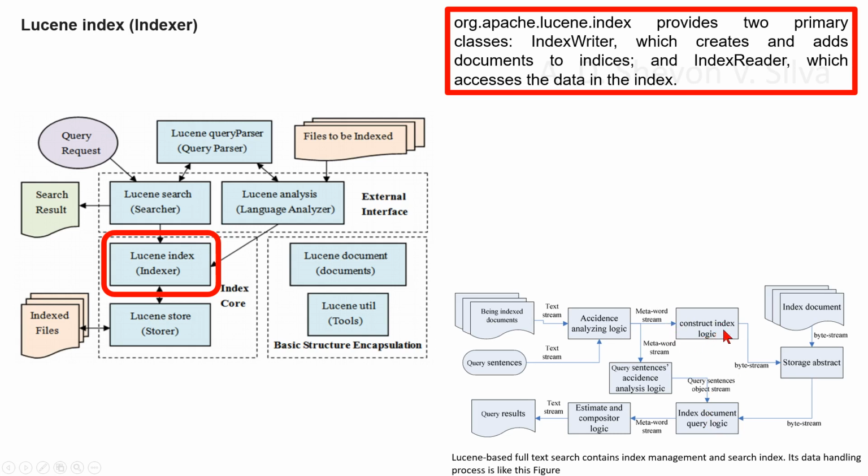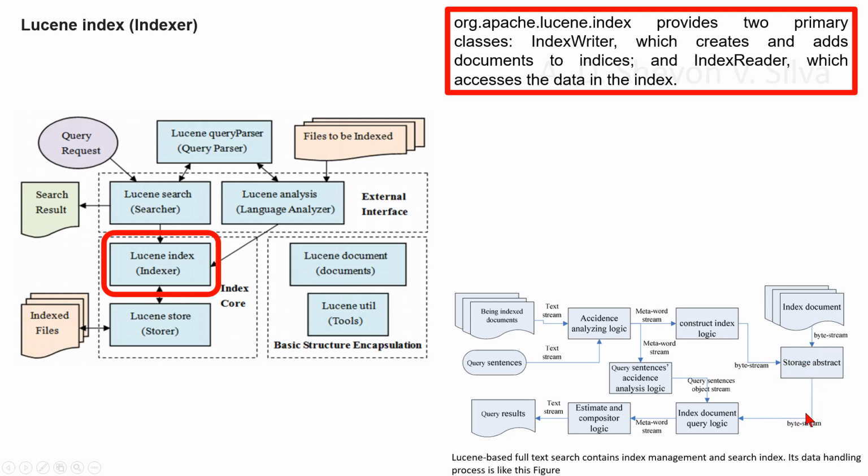Construct index logic is connected to storage abstract. A byte stream is passed from construct index logic to storage abstract. Index document is connected to storage abstract. A byte stream is passed from index document to storage abstract. Storage abstract is connected to the index document query logic.